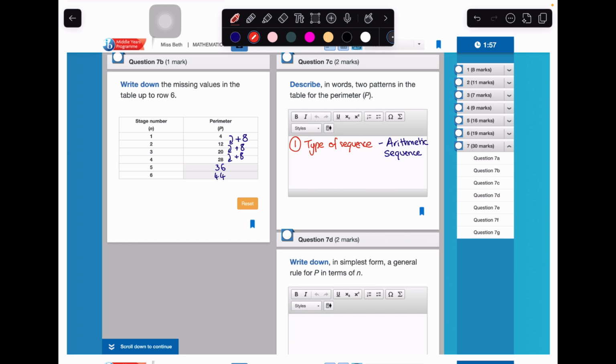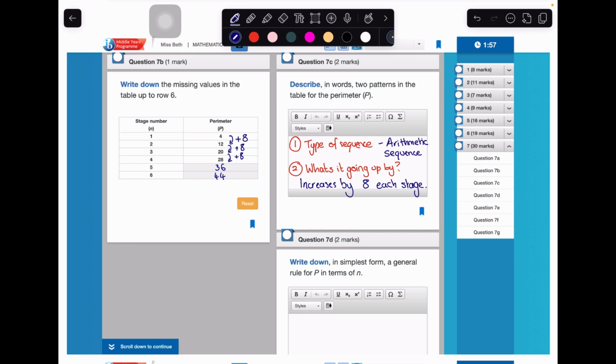The second thing you want to describe is what's actually happening. So okay, it's going up, but what's it going up by? Okay, so here you would write increases by 8 each stage. Okay, so far so good.